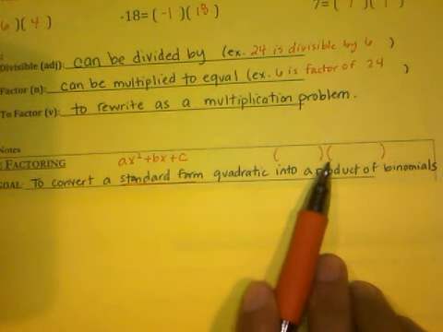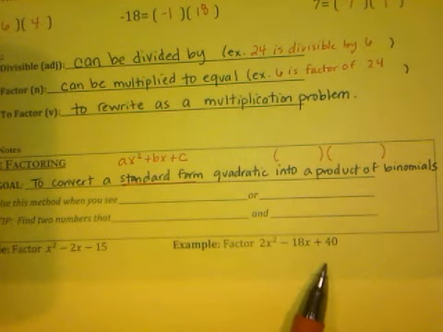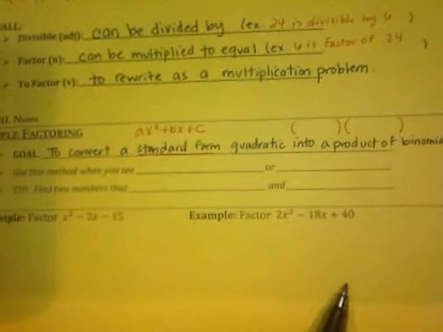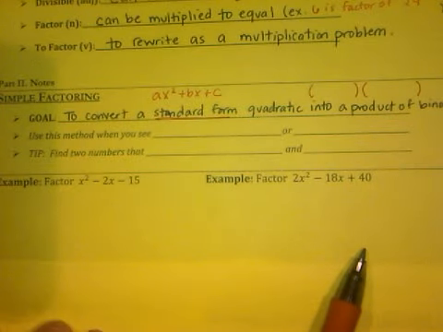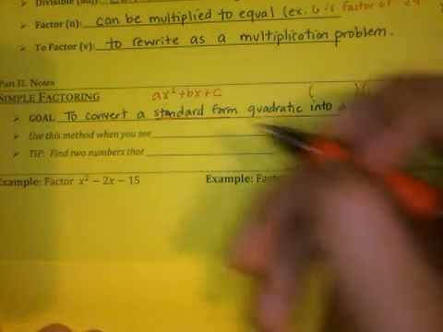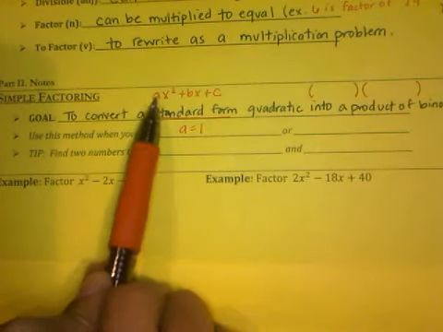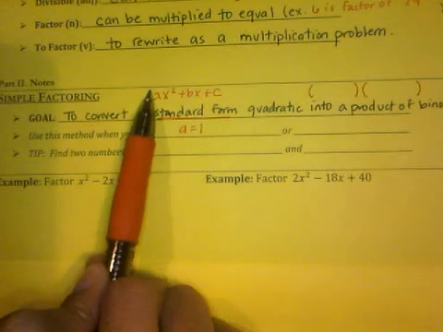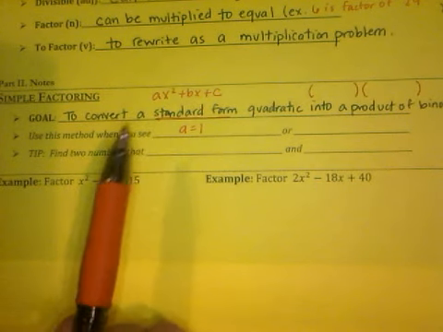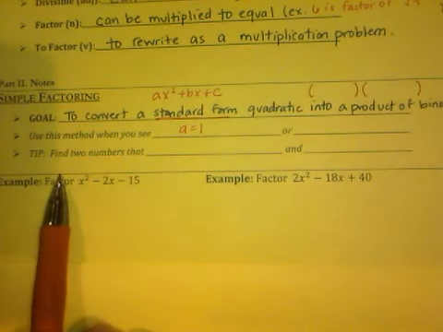In order to do so, the first method is really just to use the opposite of what we do in our drills. And so this method, which is sort of a mental math strategy, is useful when you see that a equals 1. In other words, the leading coefficient, either you don't see one or it's the number 1. And that's what the first example will show you.